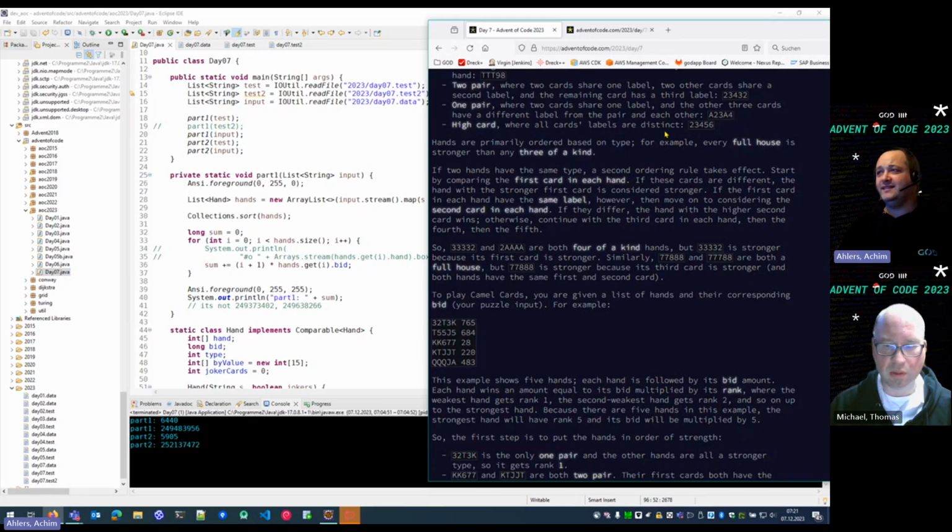If we have 2 hands which have the same composition, we have to check the first card in each hand. And for that, we are not allowed to sort the cards by value or something like that, but as they are given. That is important.